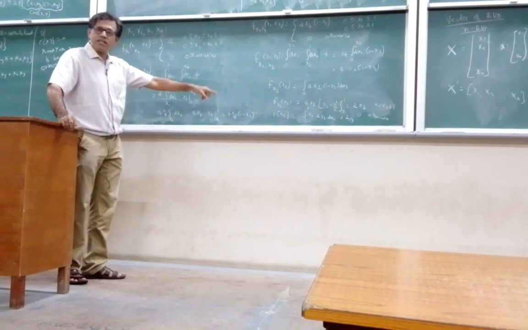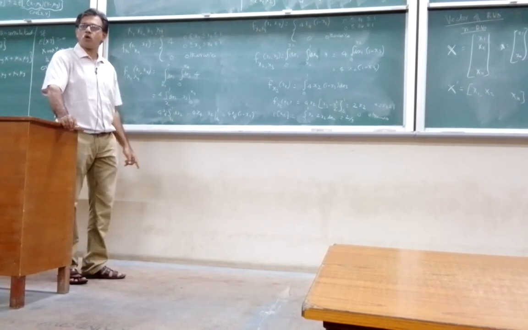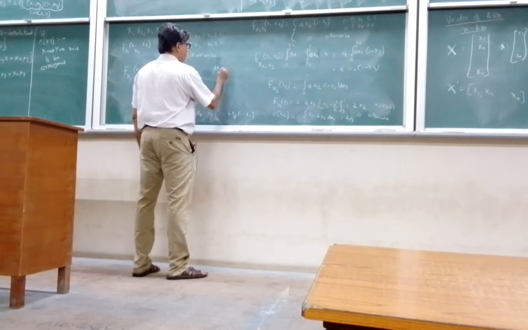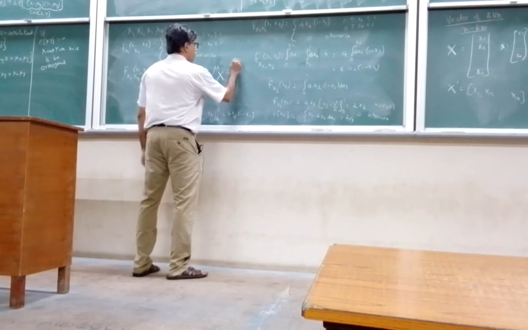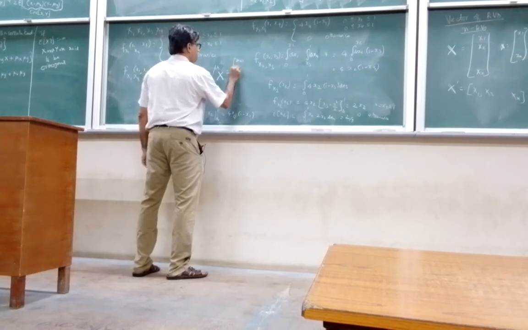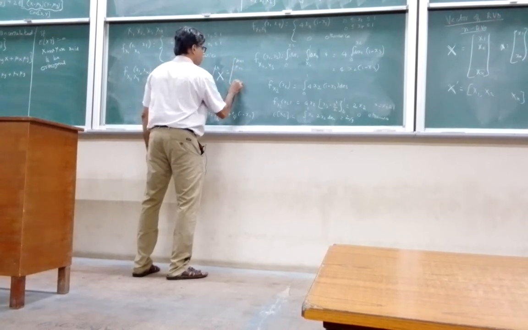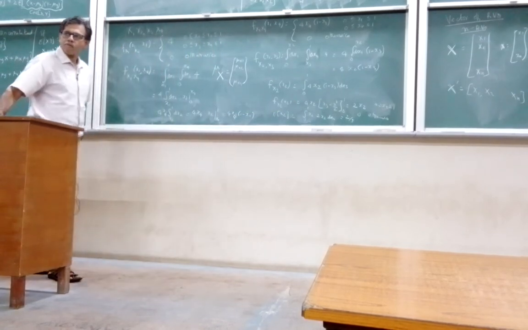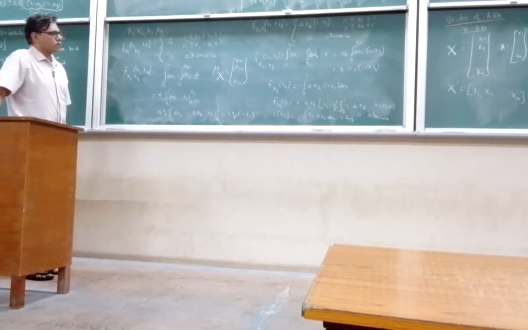Similarly, E of x1, E of x2, E of x3, everything can be found out. Then in a vector form, if you have mu x, all these can be written out using this. Okay.